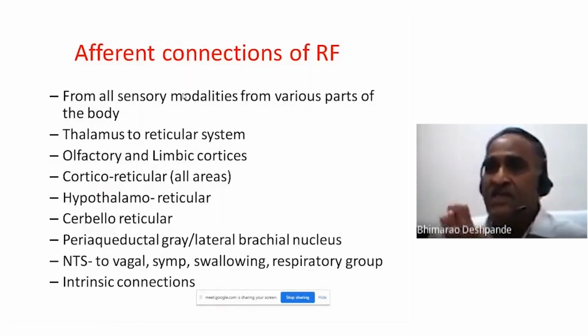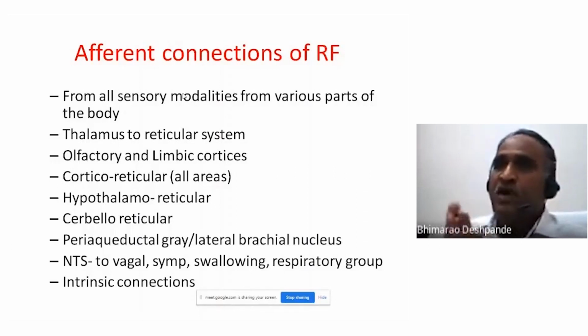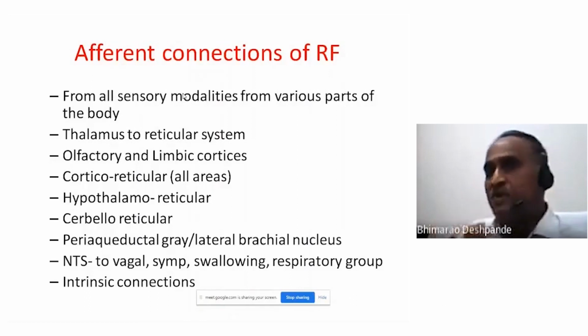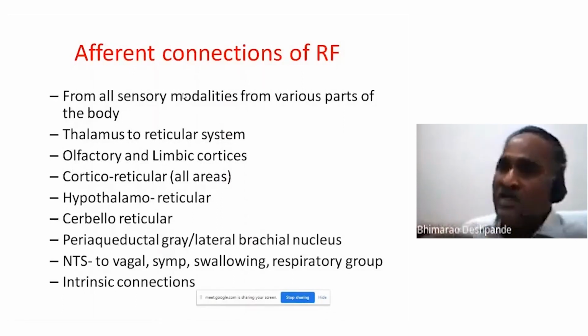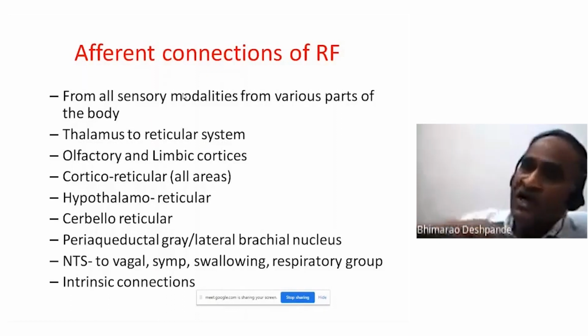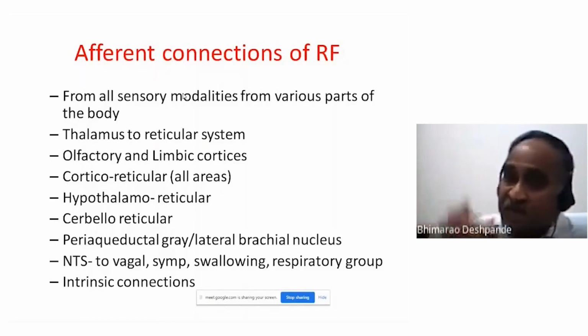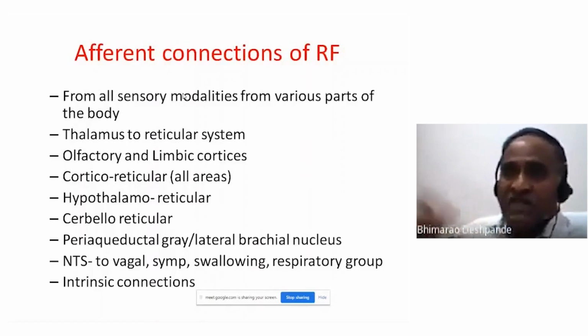One thing I said, it receives inputs from all sensory modalities from various parts of the body. That means we have pain, touch, pressure, proprioception. They are all ascending up, either in the lemniscal pathway or a non-lemniscal pathway.